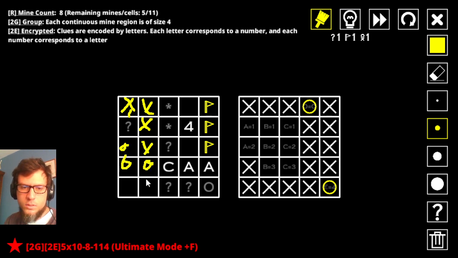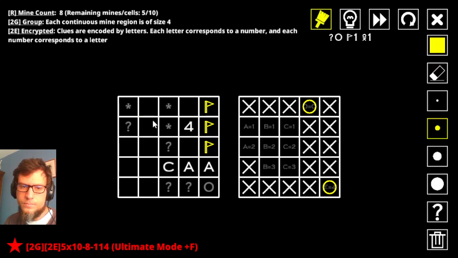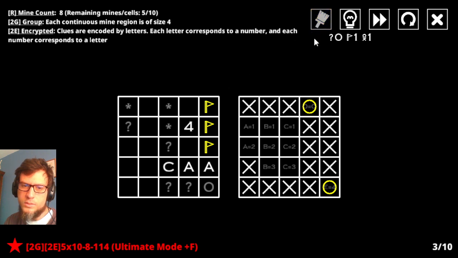Which would kill all of this, thereby making C either 1 or 2, but then A would also be either 1 or 2, so they would be the same, so this is not allowed. And then that could work. Basically, at least 2 of these has to be a mine. And C has to be more than A, so C can't be 1. Wait, no, C could be less than A. It could be 1 if that... Oh, but you can't fit 4 mines in here in a group without being somewhere in the C. So C can't be 1.